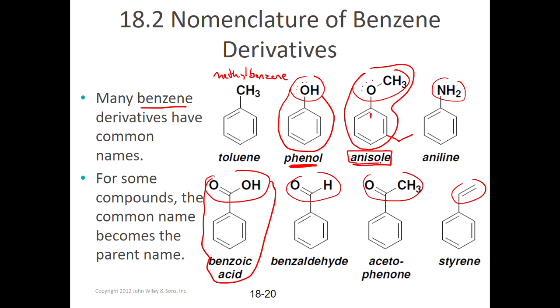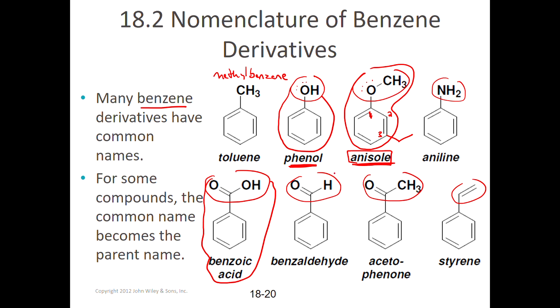And so the word anisole implies there's a methoxy group connected to the ring. That's all part of my parent name, so whatever carbon that methoxy group's connected to has to be carbon 1, and then I can number around to give the other groups the lowest number possible. So this would be 3-ethyl anisole.